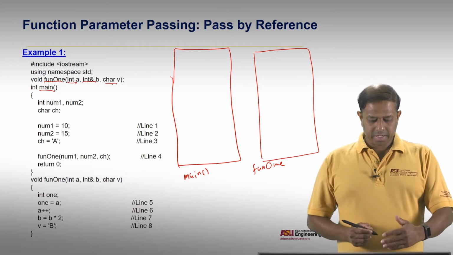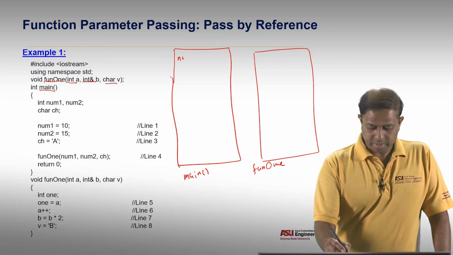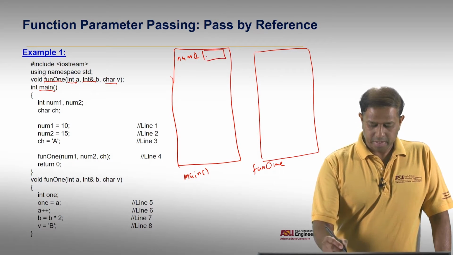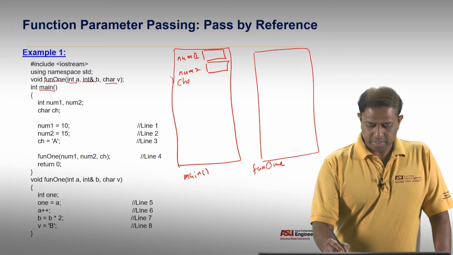Inside the main method we are declaring 3 variables. The first one is num1, the second one is num2, and the third one is a character variable.